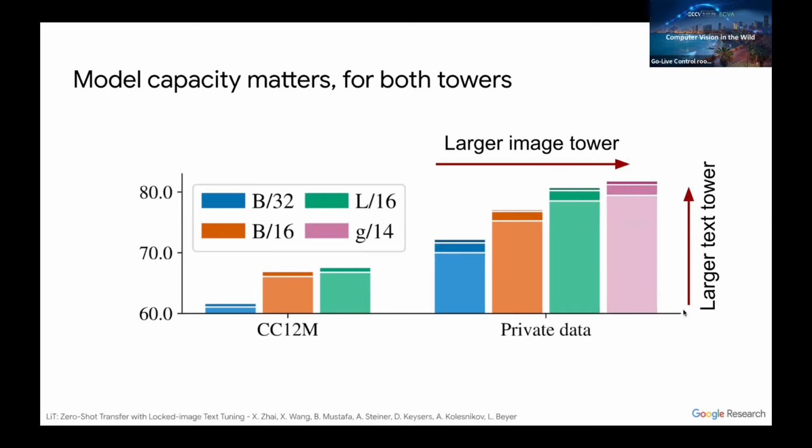And on the y-axis, the stacking bars show the quality of the text tower, going from base to large to huge. And you can see that using a base text tower is probably enough. Increasing from base to large gives us a big jump, and increasing from large to huge does not get too much boost.